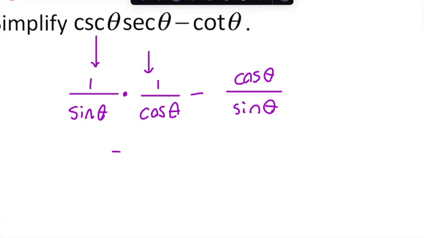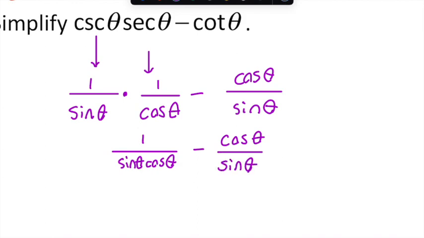Next, after that, we can actually multiply the two tops and the two bottoms of these fractions here. I'm just going to write it like this: sine of theta times cosine of theta down in the bottom. Just bring down this other fraction. Or you can copy and paste it if you're on your iPad. So, okay, so next, actually, we have fractions. To combine fractions, you need a common what?